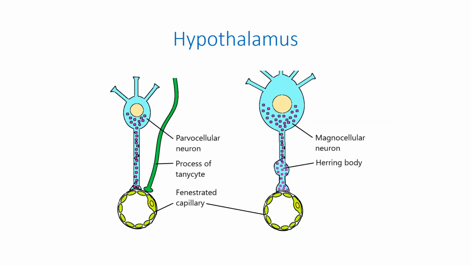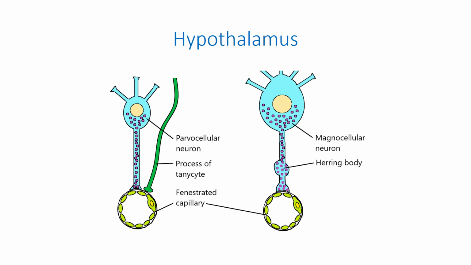Axons of neurosecretory parvocellular neurons form terminals on the primary capillary network, so-called neurovasal synapses, in the median eminence that belongs to circumventricular organs.